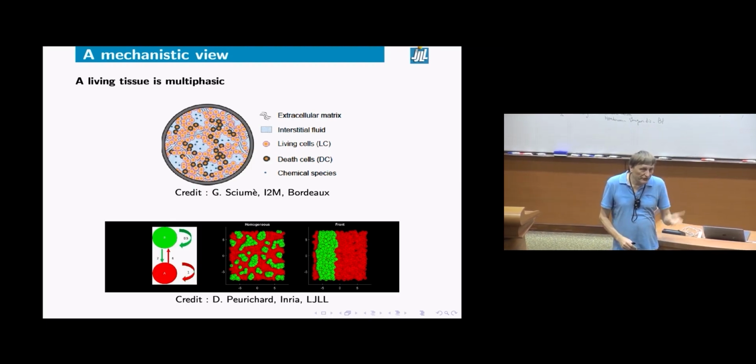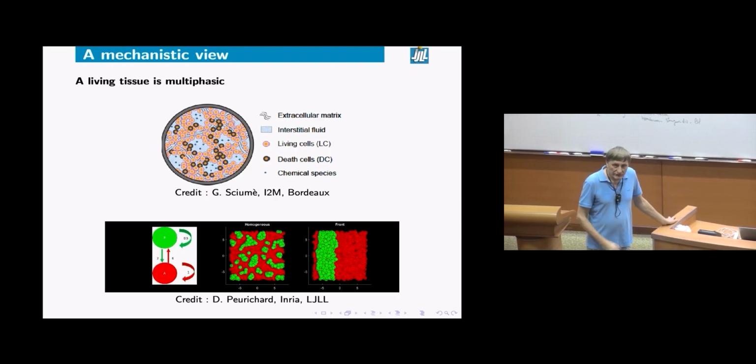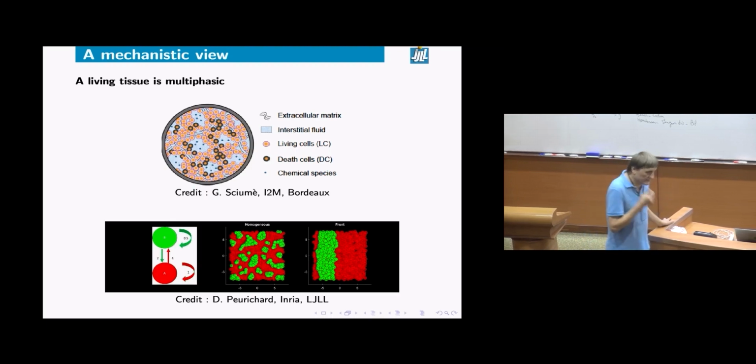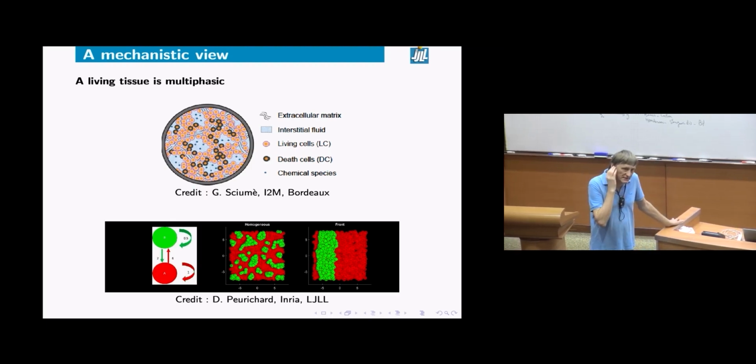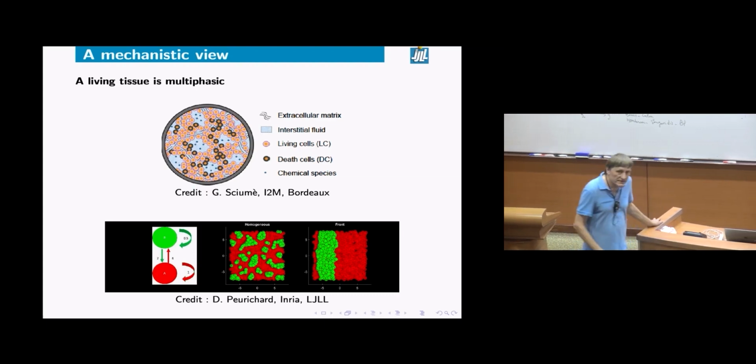In a soft tissue, it's the contrary. There will be very little extracellular matrix and many cells. So, for example, your brain has very little extracellular matrix. So all this depends on the organs you are looking at, but they are all made the same way.